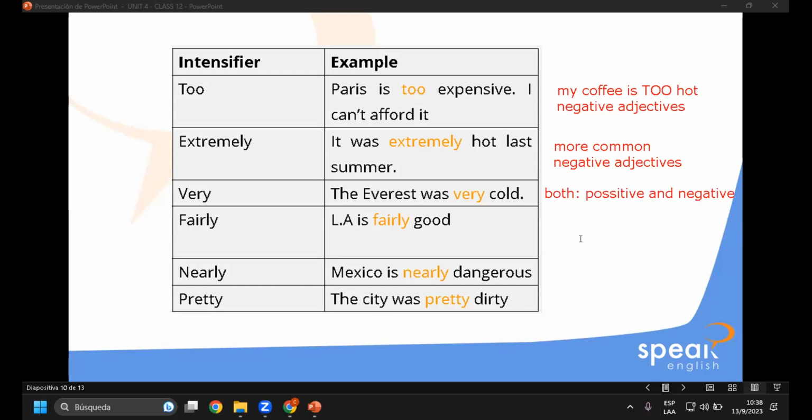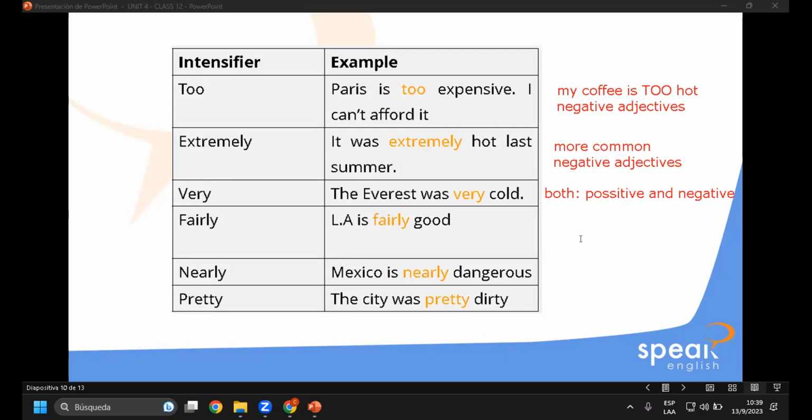Or, my city is very dangerous, okay? So we can use it with both. However, very is very, very common. We most of the times use very. So instead of using very, we can use the next word that is fairly.